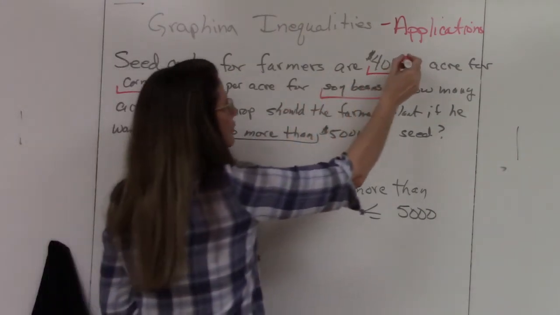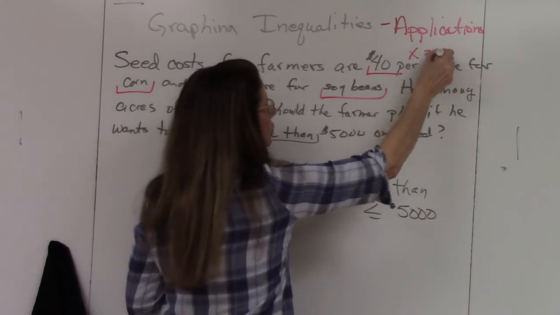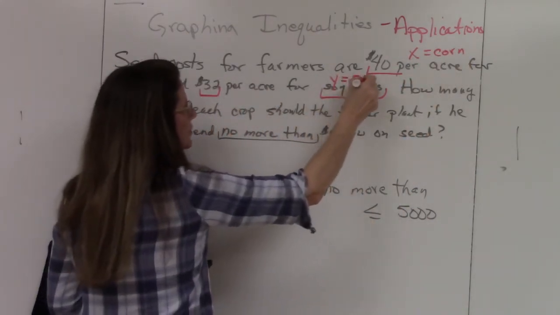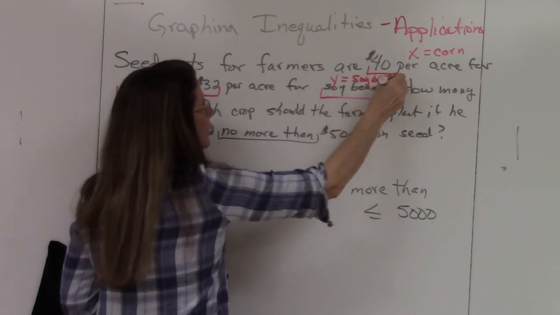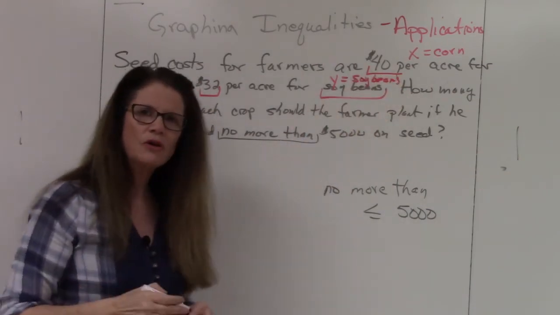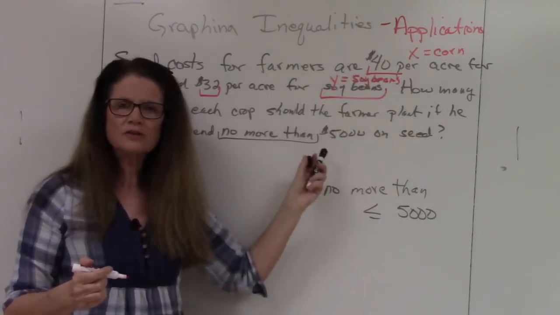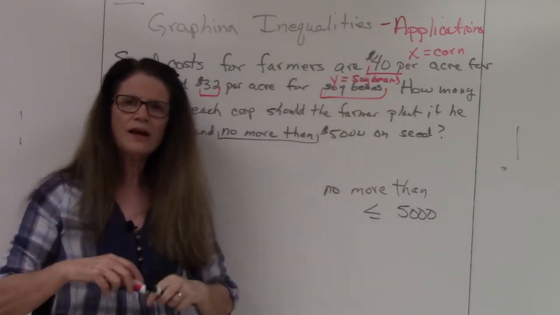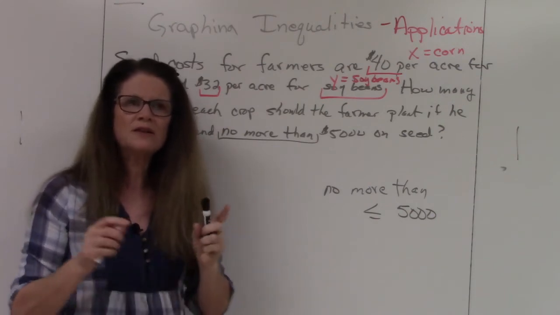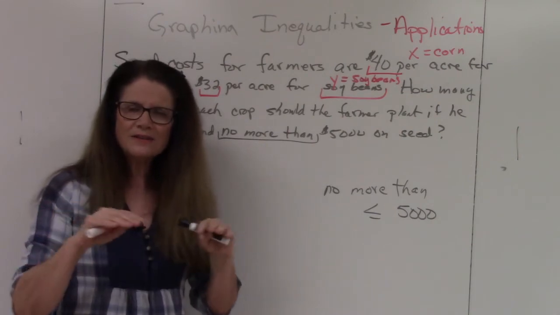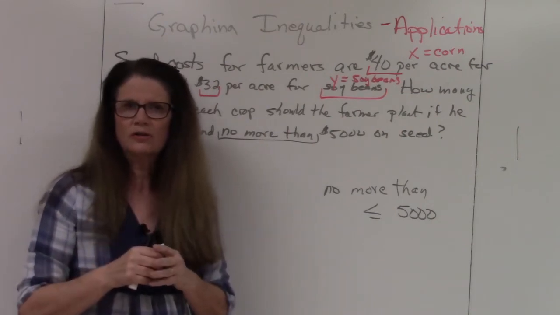So we're going to call X corn, and we're going to call Y soybeans. Now, you can use any other variable. So I could have used C and S, C for corn, S for soybeans. The only reason why I encourage you to use X and Y is because then you know which one is your x-axis and which one is your horizontal or y-axis.